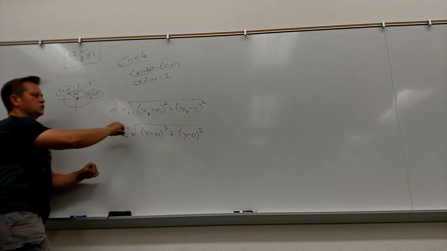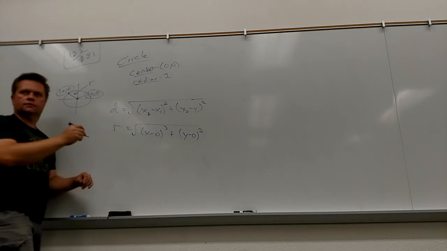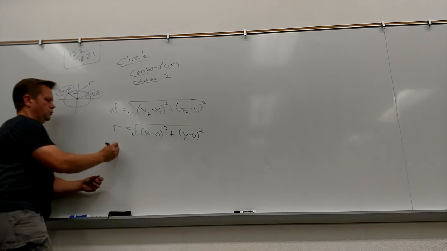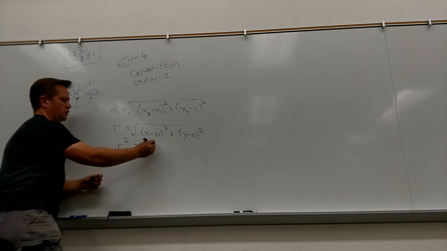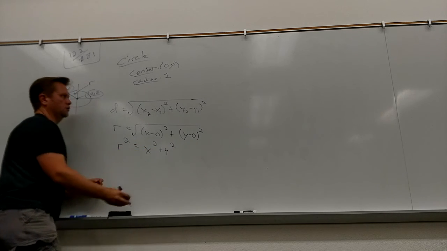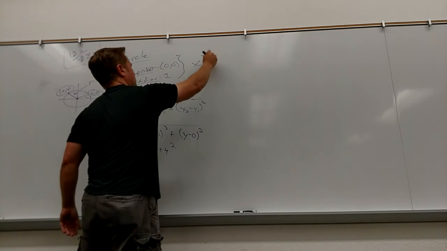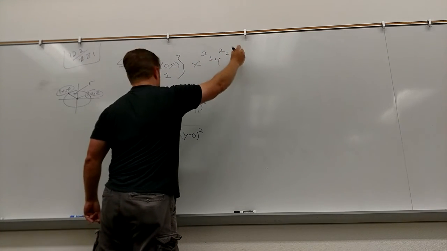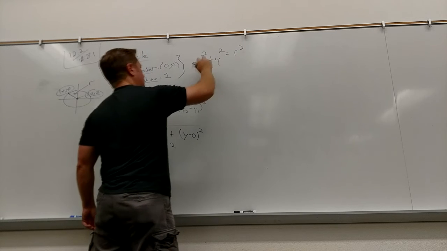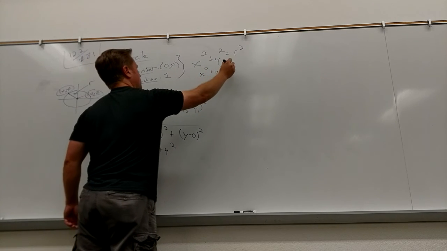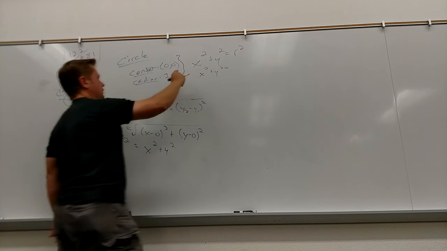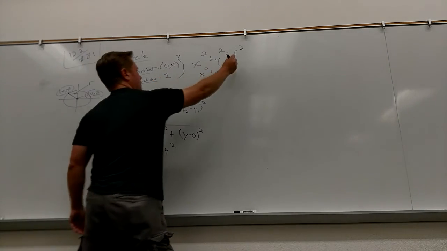Then let me square both sides because I don't like this big radical sign. Poor little thing. r squared equals x squared plus y squared. There you go. So this guy's equation is x squared plus y squared equals r squared. In fact, for this guy it would be x squared plus y squared equals, what's the radius? 1. I like it.